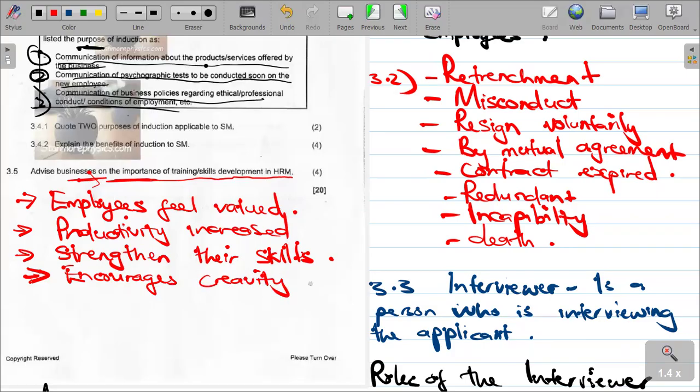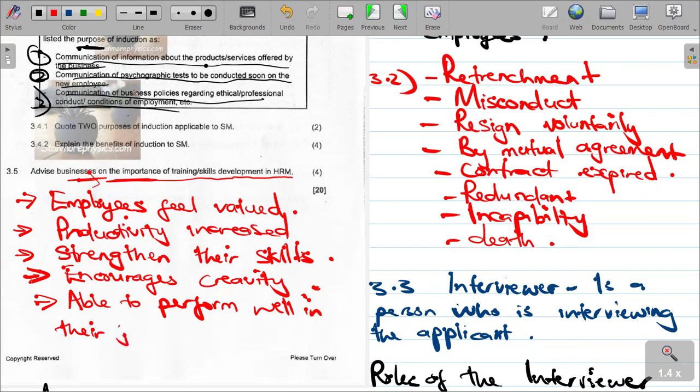Employees become creative, right? And lastly, it enables employees to perform well. They'll be able to perform well in their job, right?